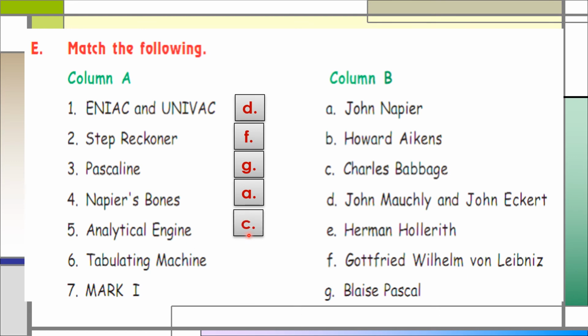Analytical engine is developed by Charles Babbage. Number 6. Tabulating machine. Hermann Hollerith invented tabulating machine. Number 7. Mark 1. B. Howard Aiken. The Mark 1 machine was invented by Howard Aiken.